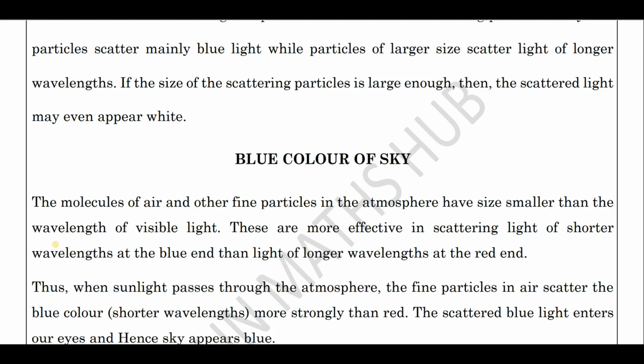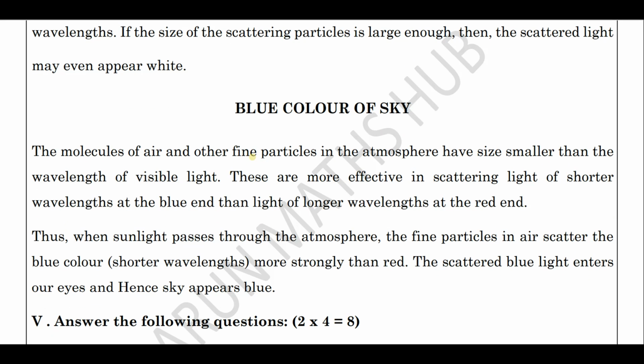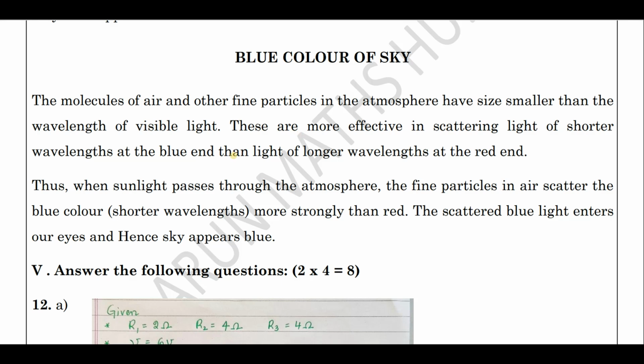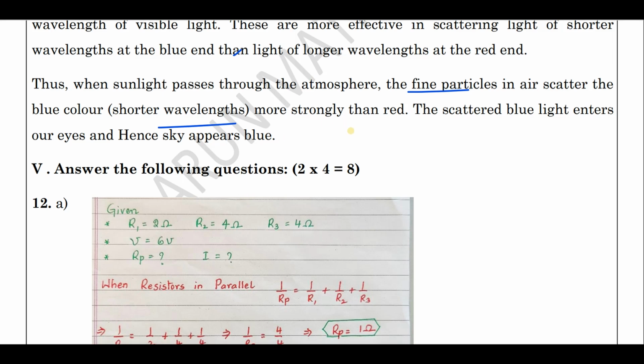The atmosphere scatters most of the blue light, hence the sky is blue, because blue color is of shorter wavelength and is scattered more than any other color. Least scattered is red, that's why it is used in danger signals. Red color is used in danger signals because it scatters least.